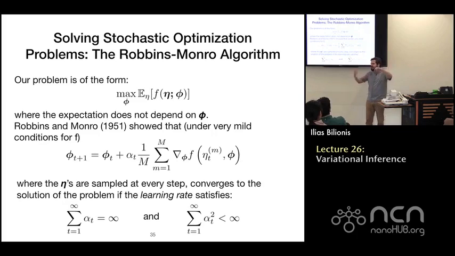So as the algorithm progresses, the learning rate will go to 0. But this tells you that it doesn't go to 0 very fast. This is the difference. So there's a magic rate of convergence to 0 that alpha must satisfy in order to give you an algorithm that will converge to the maximum. Okay? And it's actually not very hard to prove that this thing will converge for some regularity assumptions on F. And you can go, the mathematicians, you can go and look at this paper.